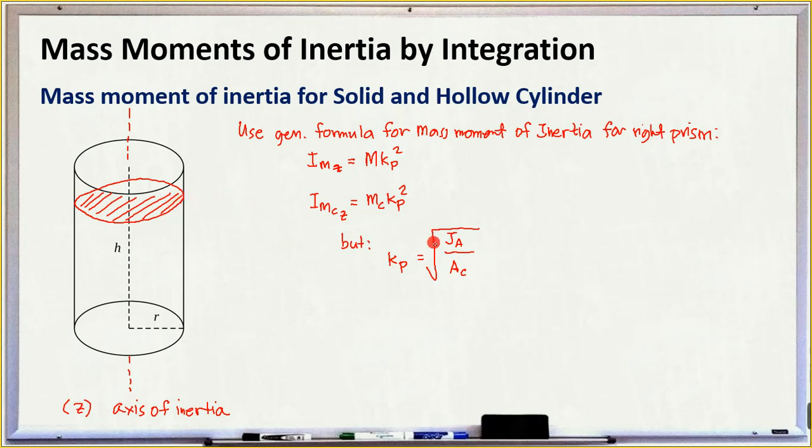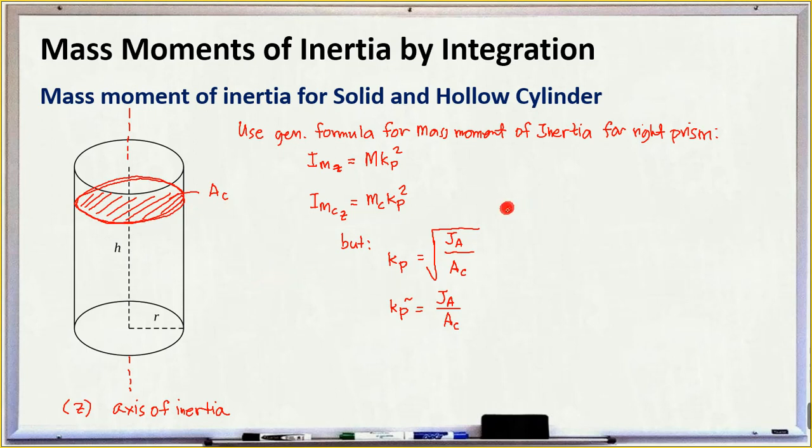Or to eliminate the square root, we can also say that kp square is just equal to the ratio of the polar moment of inertia of the cross-sectional area all over the cross-sectional area of the cylinder. So where is the cross-sectional area? This shaded part is the cross-sectional area of our cylinder.